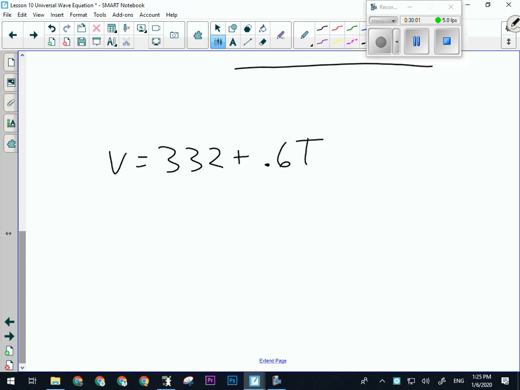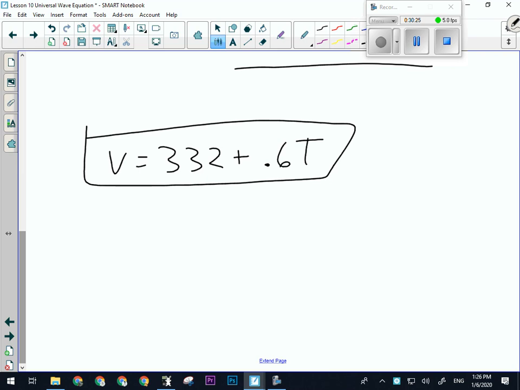This helps you to calculate the speed of sound in air at any temperature. This T here is the temperature in degrees Celsius, which is why if it's a negative number, you'll actually be subtracting and the speed will slow down. Everybody follow me there? So if you're given sound waves and a temperature, you're going to have to refer to this formula to get the speed of the waves.